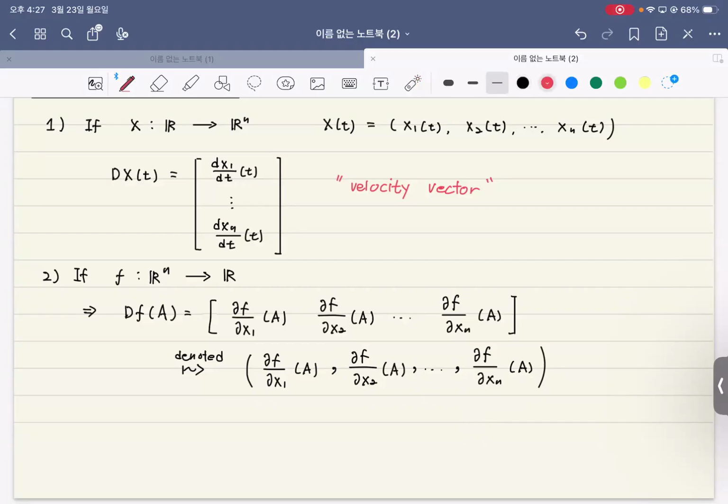It is called the gradient vector field of f, and denoted by the symbol nabla, this triangular shape, nabla f at A. So this is the gradient.